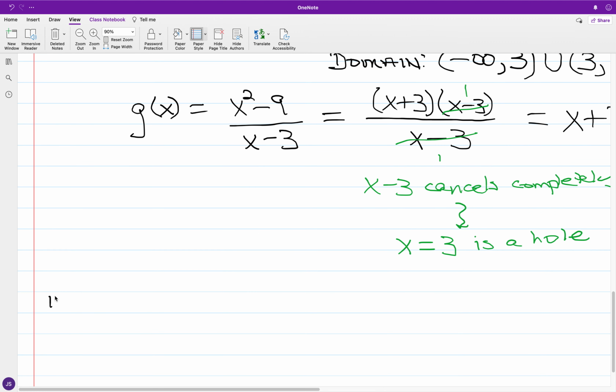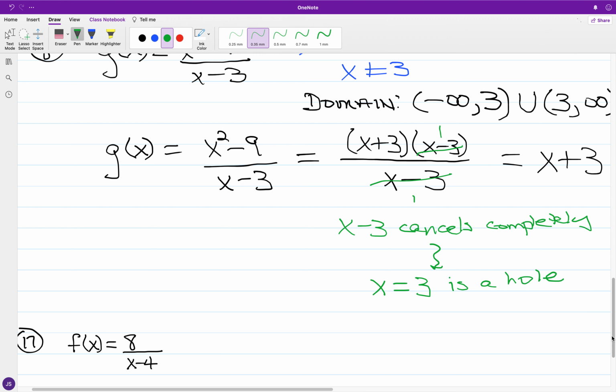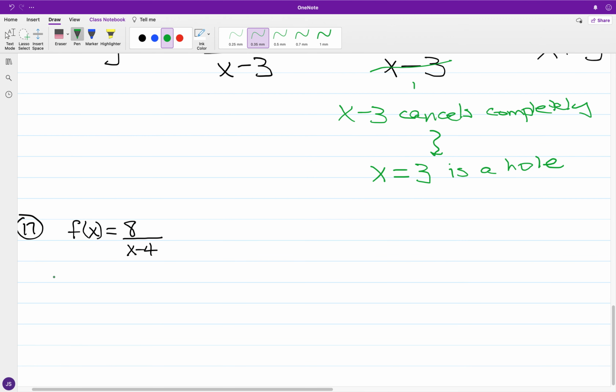And for number 17, we have f of x is equal to 8 over x minus 4. Now I'll just mention, f of x is already in simplest form.